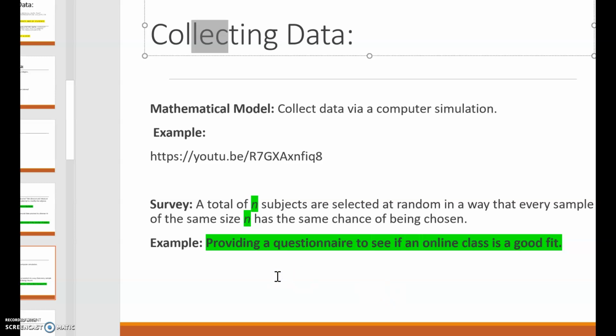The next one that we're going to talk about is the survey. When we talk about n for our class, n is going to represent a number of given values and will be stated, so n represents an actual number. When we talk about a survey, we're simply looking at a couple of questions, and then the subject will be answering them.